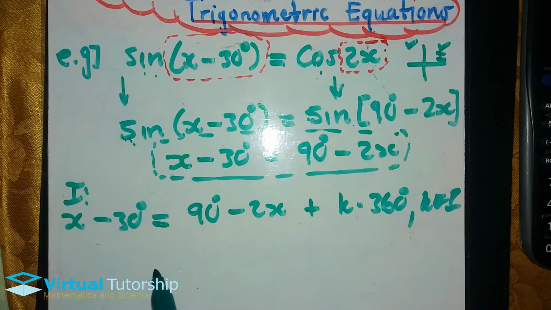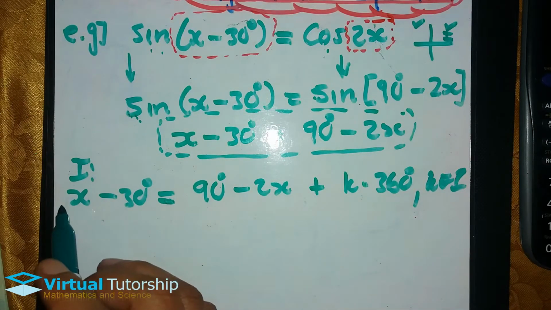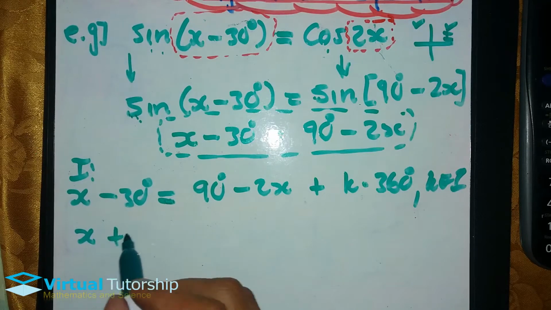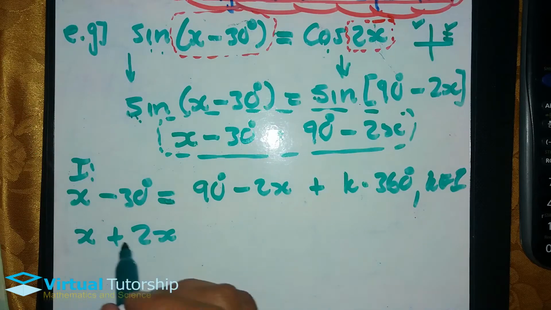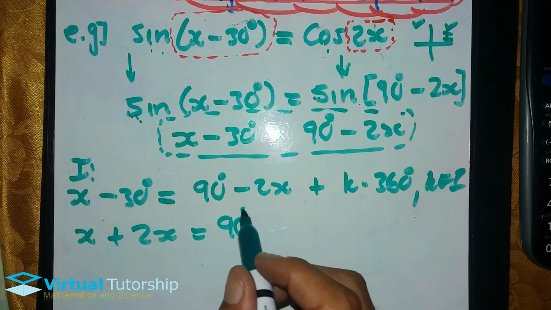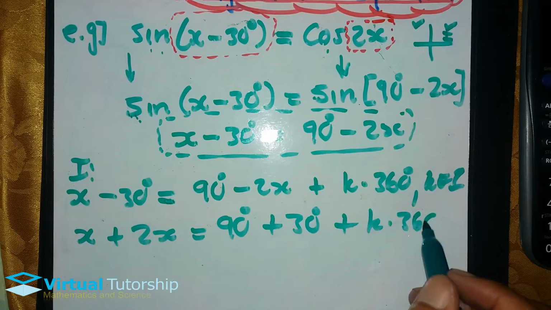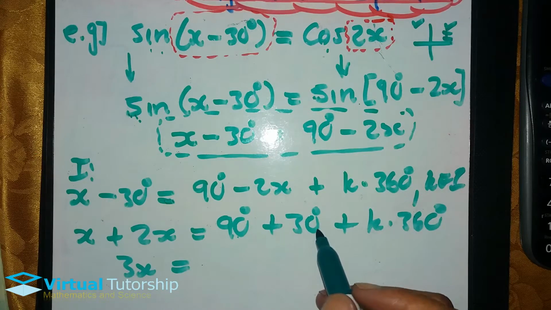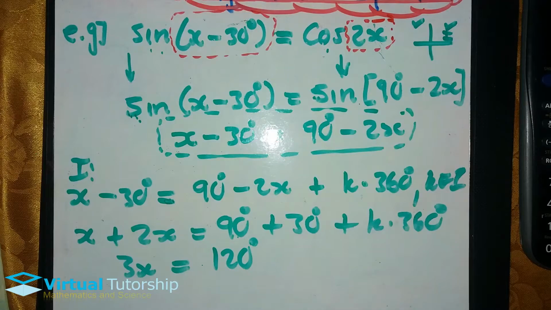So here I solve for x. I mean, I'm solving for x. So I'm going to group x on the left hand side and the degrees on the right hand side. So it will be x plus 2x. The 2x when it comes across becomes positive. I'll have 90 degrees plus the 30 degrees plus k times 360. So it's 3x equal to 90 plus 30, isn't it? 120.